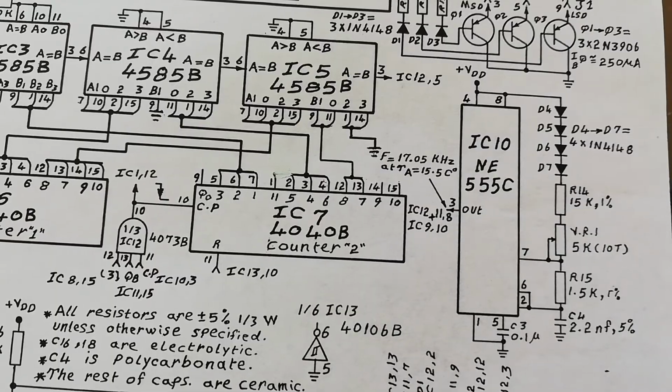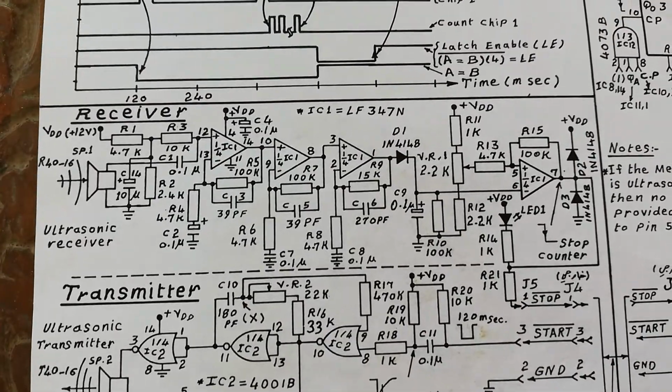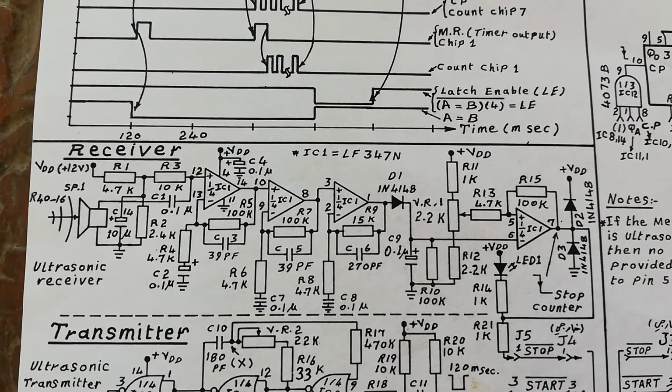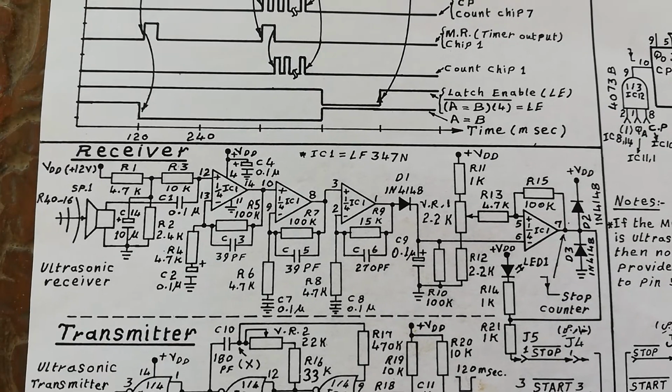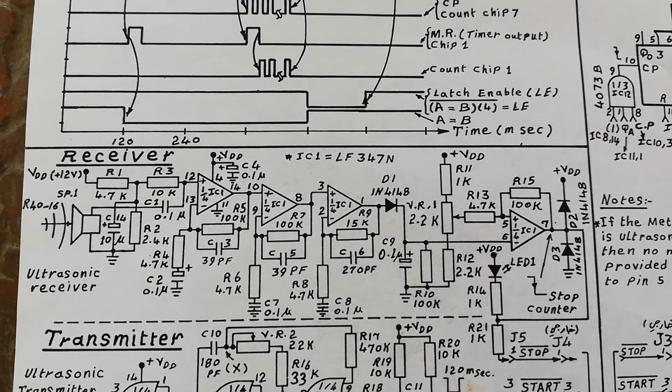Okay, let's see something else, since we are in the neighborhood. Probably somebody might be interested in the transmitter and the receiver. This is the receiver. It's just a one chip receiver for the echo. And it also uses the notorious LF347N, a JFET quad op amp. So it uses just a single chip, as you see here. This is useful for somebody.